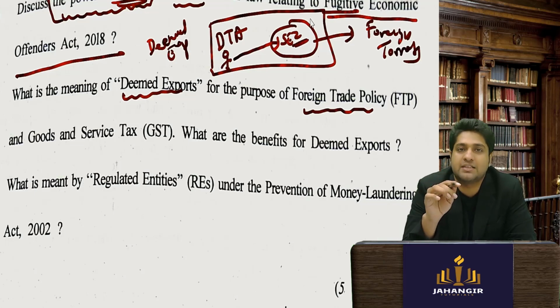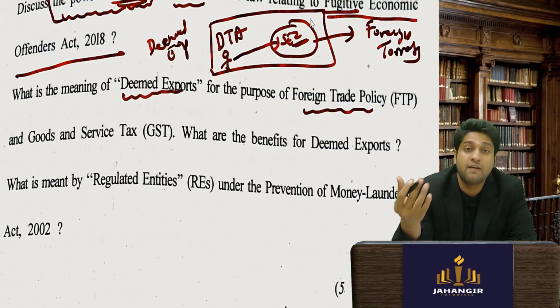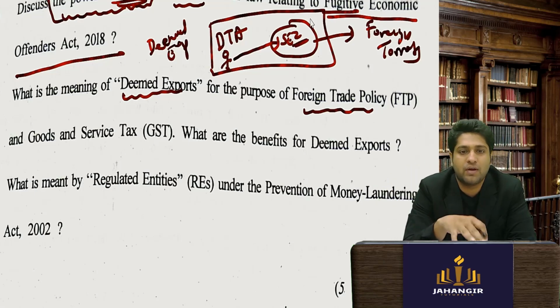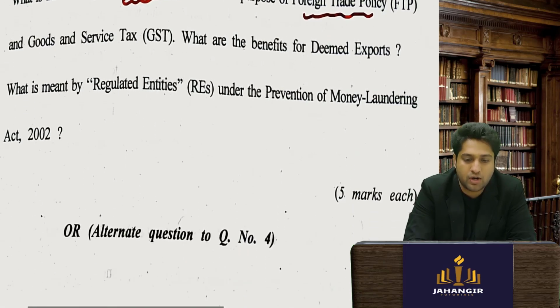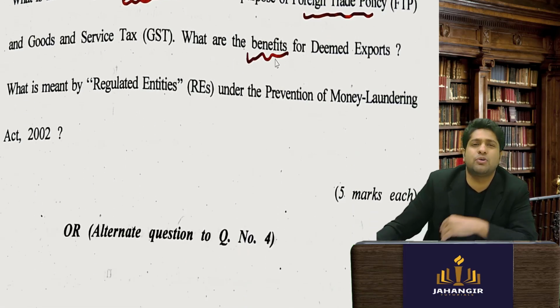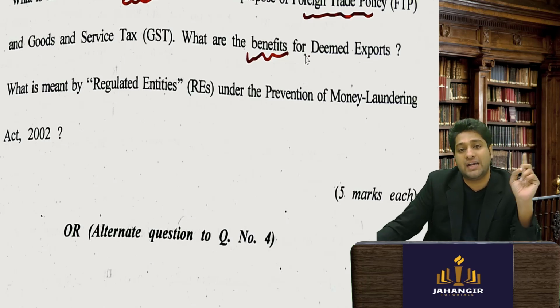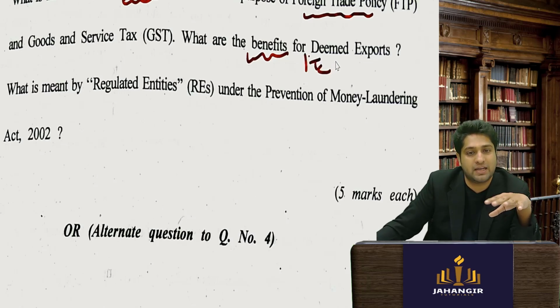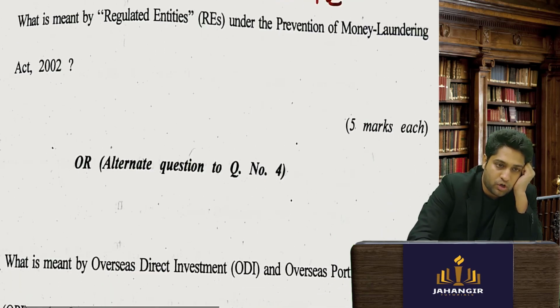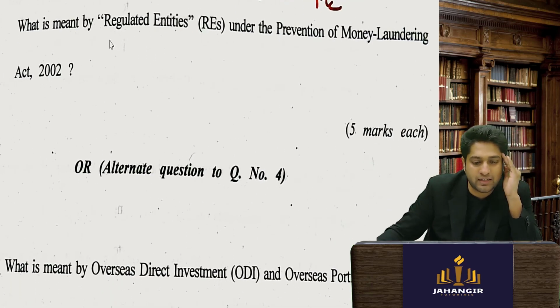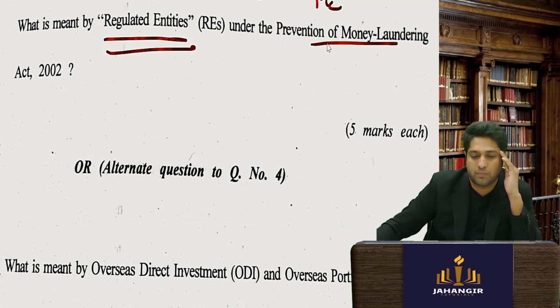So deemed exports are goods being sold within India. However, the benefits of exports will be available. Okay, what are the benefits? So the exporter gets the benefit of the ITC, input tax credit can be taken, and various other benefits are given. Now what do you mean by regulated entities under the Money Laundering Act?